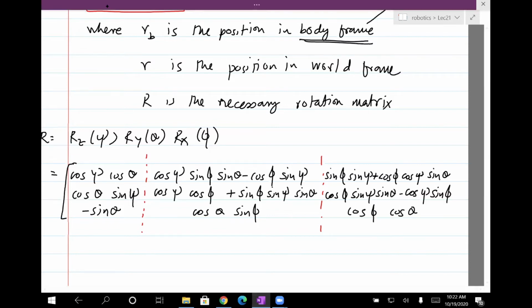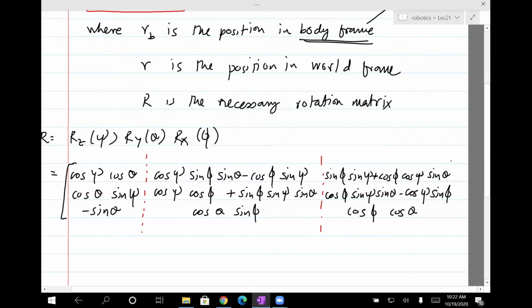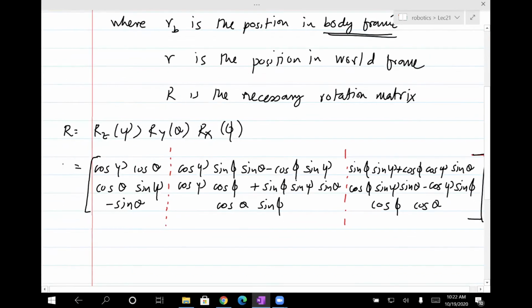So it's just a mess, but you never really worry too much about it. Okay, so that's the R, and you shouldn't have to do it by hand. You should only have to do it symbolically, or numerically when you do it in MATLAB.